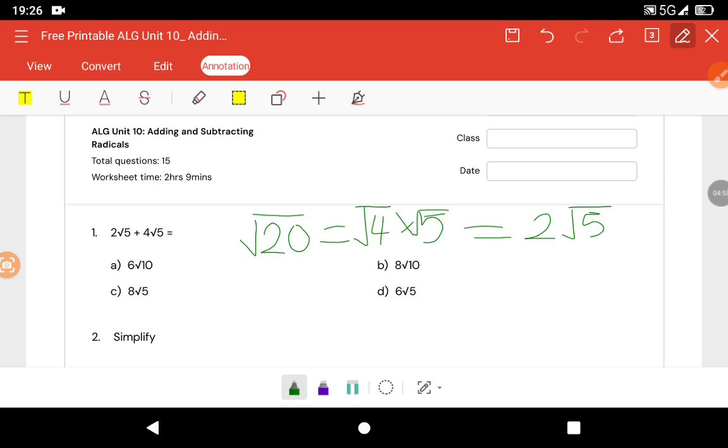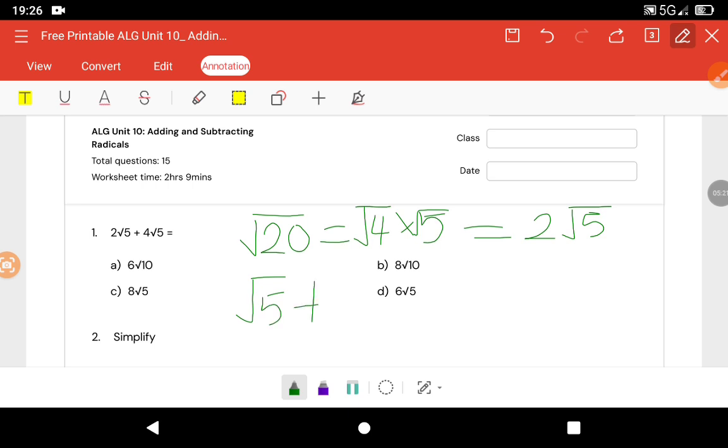You add or subtract similar radicals. That's the golden rule. The golden rule for addition and subtraction of radicals is that you only add or subtract radicals that are similar.